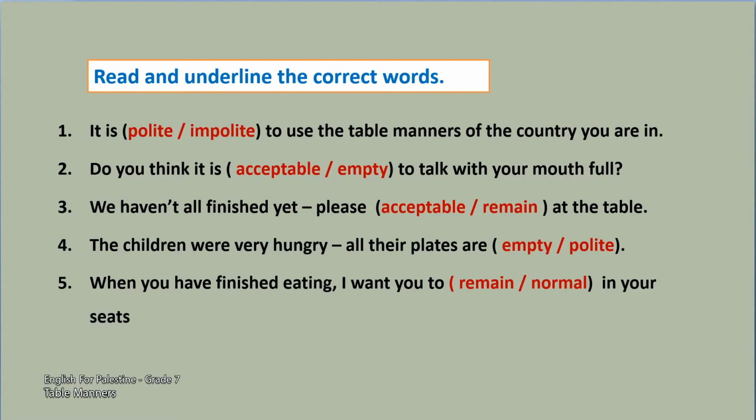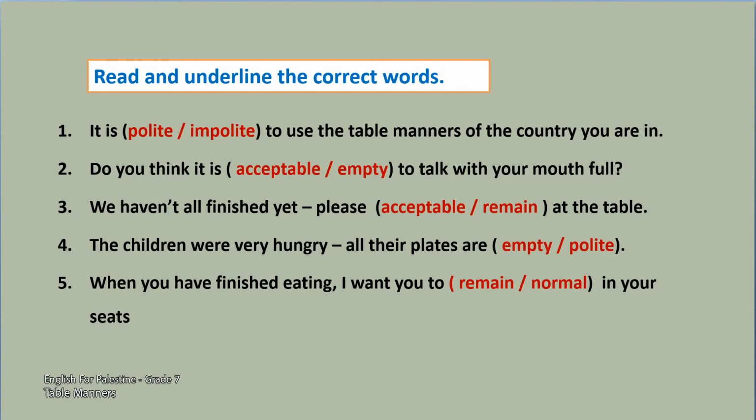3. We haven't all finished yet. Please, acceptable at the table or remain at the table? Good. Remain at the table. Remain in your seat. 4. The children were very hungry. All their plates are empty or all their plates are polite?